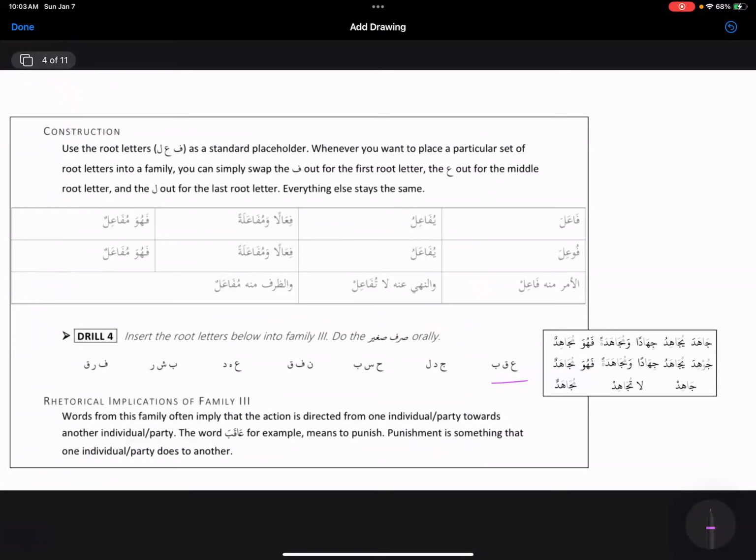And then we did Aqaba, Jadala. Let's do Jadala.